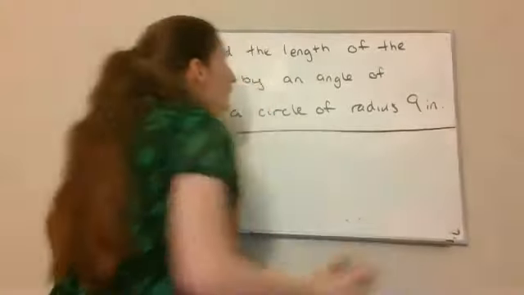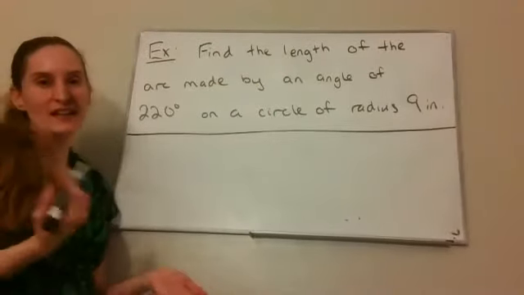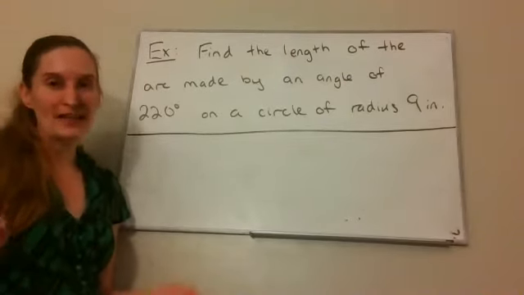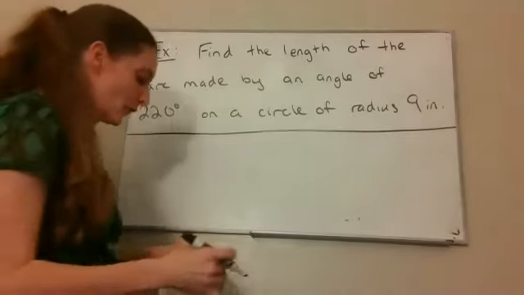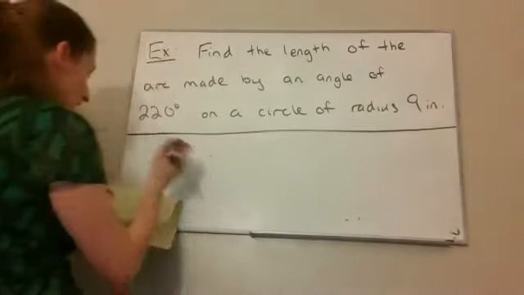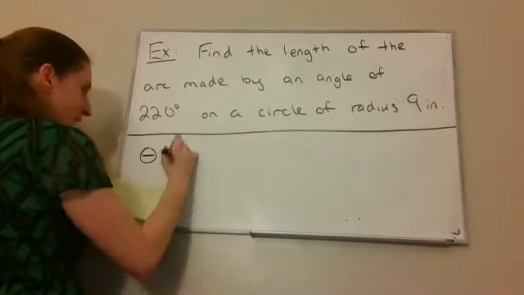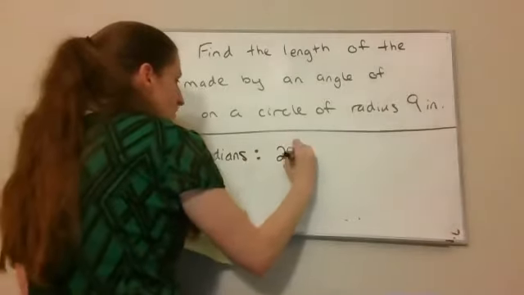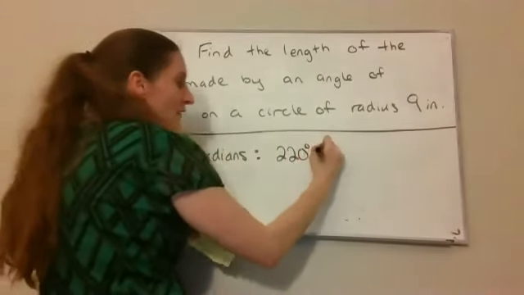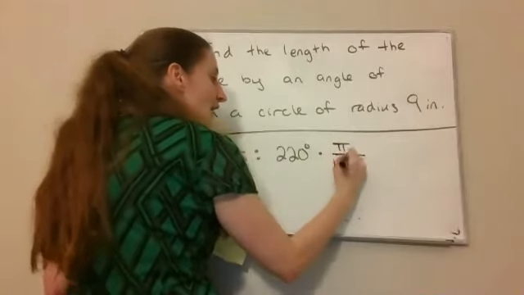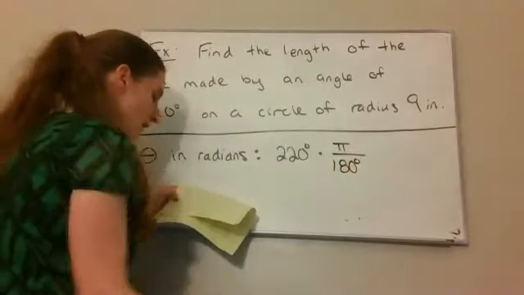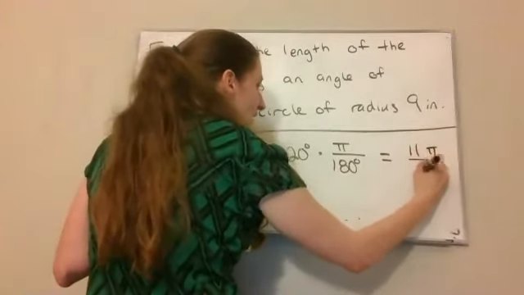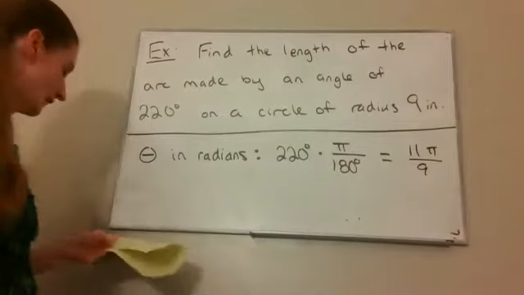Well, my formula for finding the length of an arc is S equals R times theta, but theta has to be in radians, not degrees. So let's first figure out our angle in radians. We have to convert our 220 degrees to radians by multiplying by pi over 180 degrees. When I multiply that out, I'm going to get 11 pi over 9 radians.